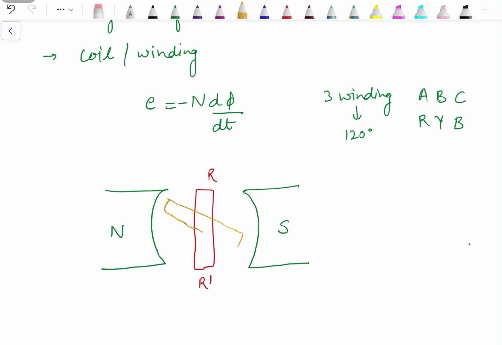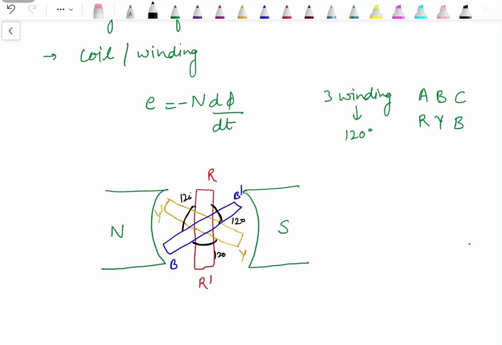Then the yellow phase, which will have again two ends. Now this angle is 120 degrees. Then the blue phase, B and B dash. Now the angle between R and Y is 120, Y and B is 120, and this is also 120. So they are displaced from each other by 120 degrees.